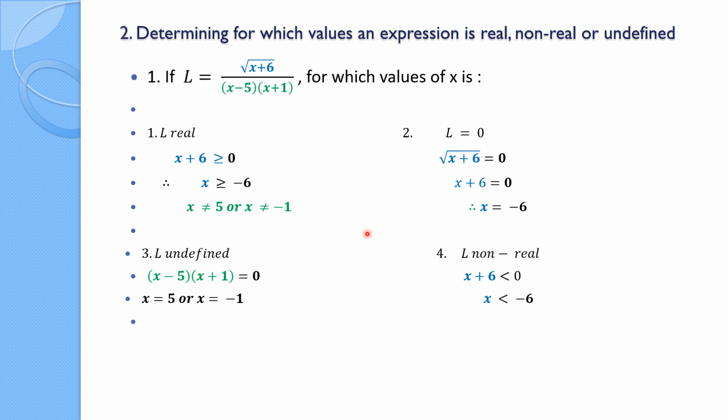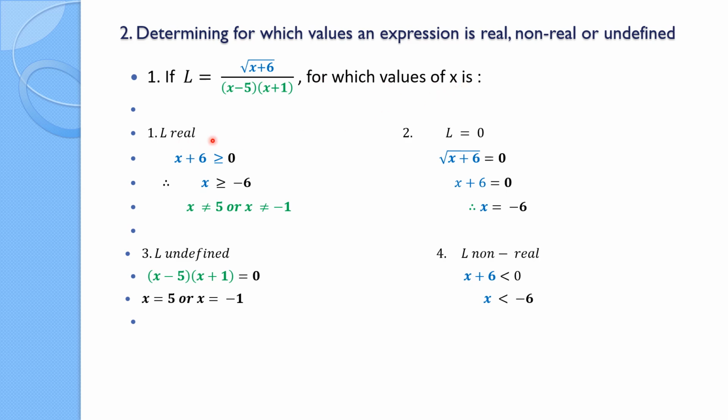Alright? Now, the second thing we can test in the exam, and sometimes it doesn't appear in all the textbooks, is determining for which values the expression is real, non-real, or undefined. So the question would always read, if L equals square root of x plus 6, divided by x minus 5 times x plus 1, for which values of x is L real?